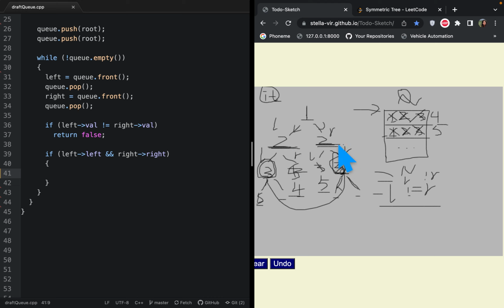First left to the left, right to right. Yeah, it's the same thing. You just keep going one node by one. On each node, it's left, it's right, and this one left and right.